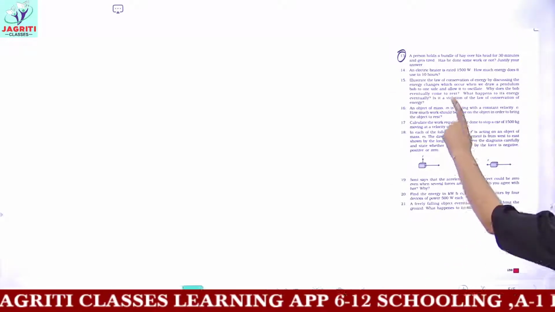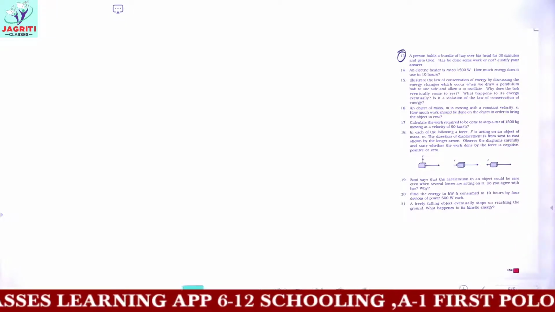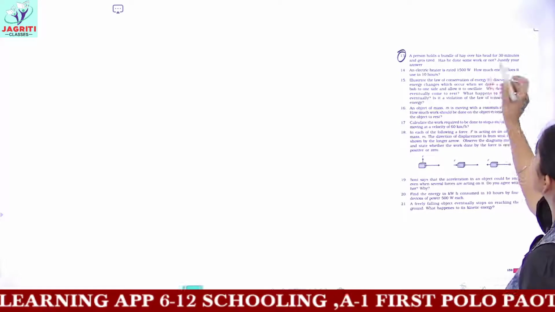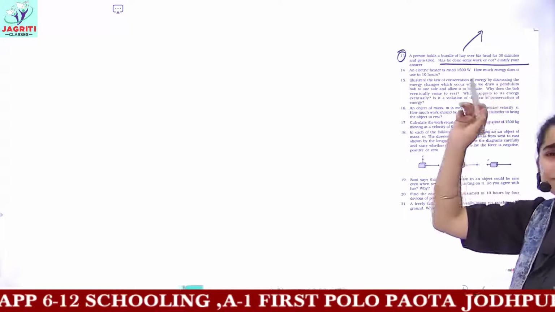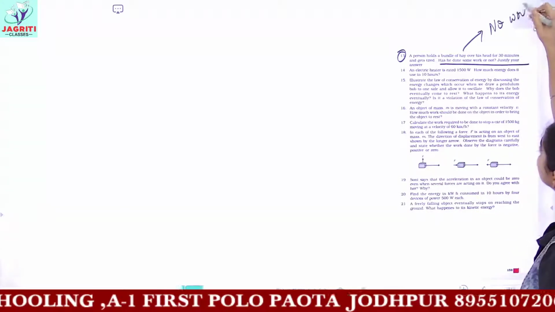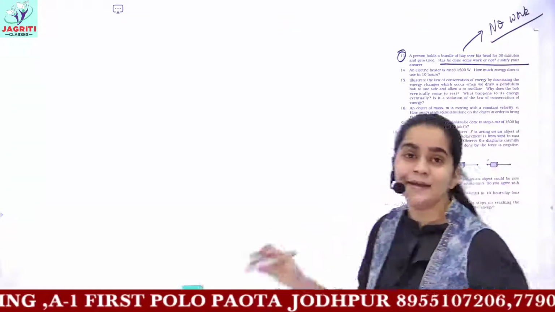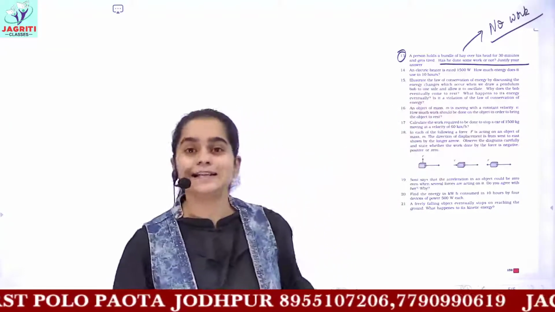The question: a person holds a bundle of hay over his head for 30 minutes and gets tired. Has he done some work or not? This is the most simple question, and the answer is that no work is done, because the person is just standing at the same position.